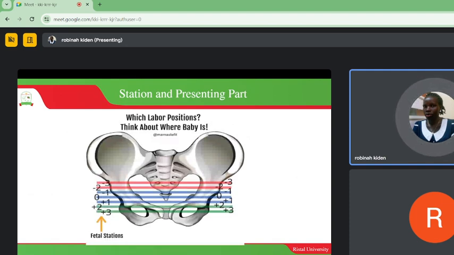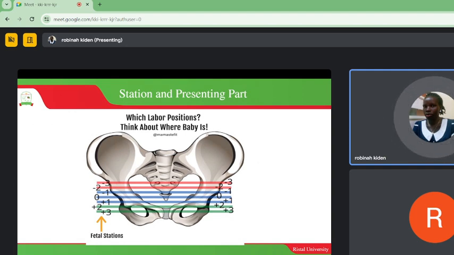So right there we have this image that is showing the stations. We start from -3; the -5 is the one up at the brim. So we have -3, -2, -1, then up to 0. The 0 is when you feel the fetal head, the presenting part, let me say, because it may be breech.